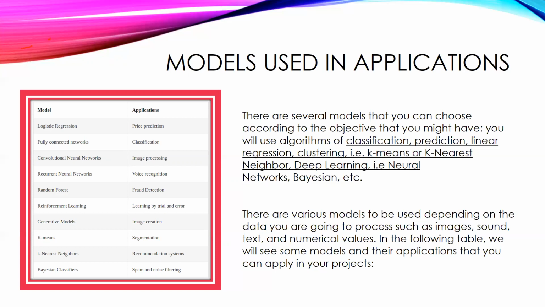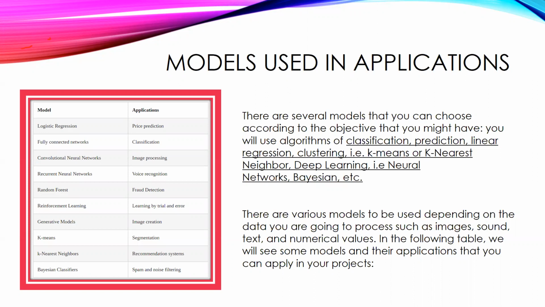If you are doing a classification, then, for example, fully connected networks, right? So if you want to classify the network or the users, then fully connected network classification is a good algorithm to use.